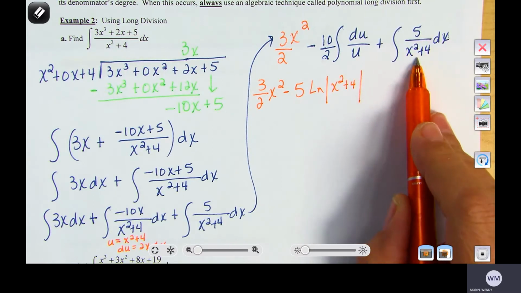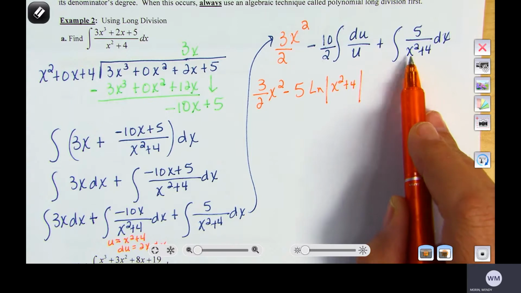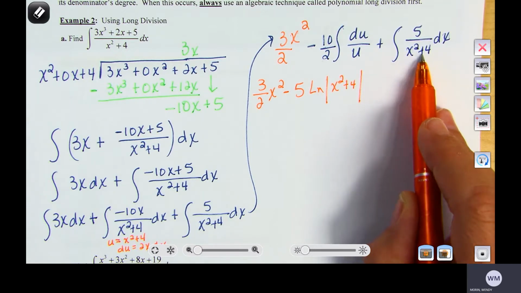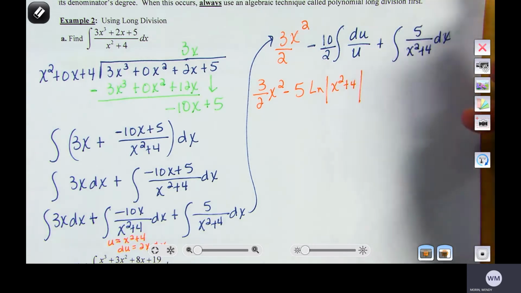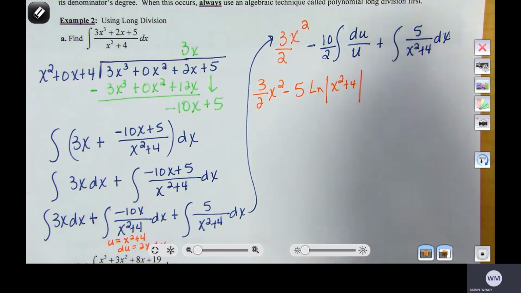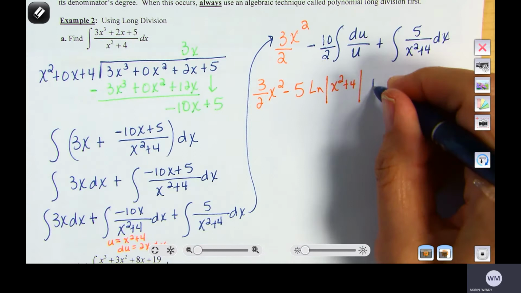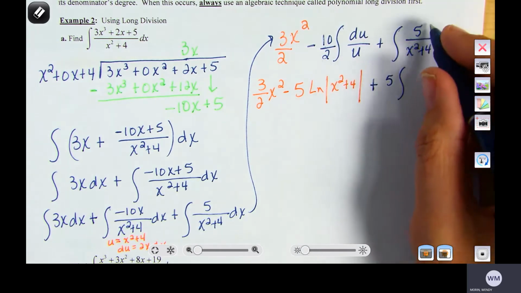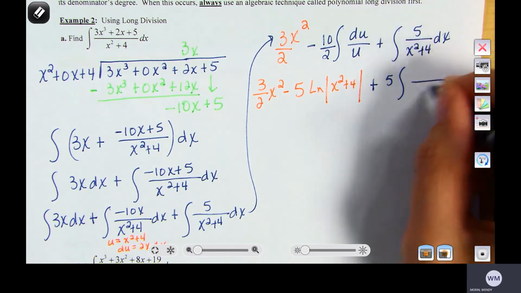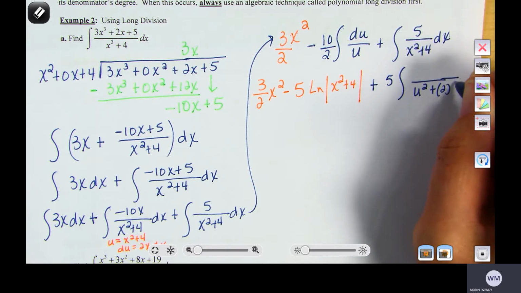Think about how we might do this one. Hopefully you recognize this as u squared plus a squared. Pull that 5 out in front again. u squared plus a squared.